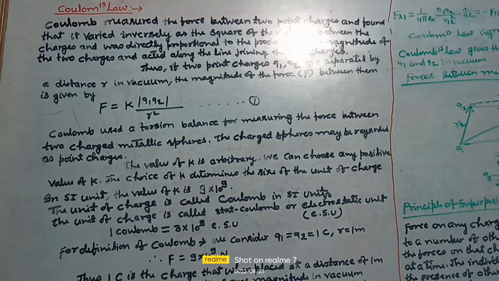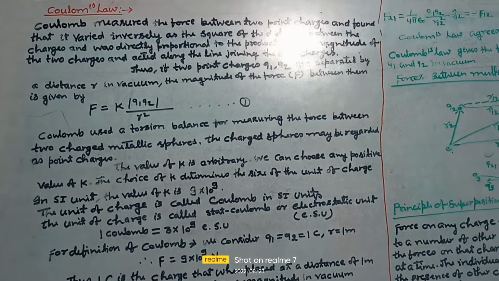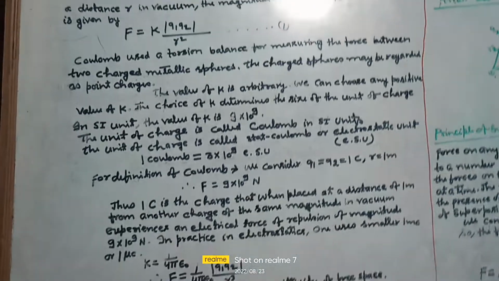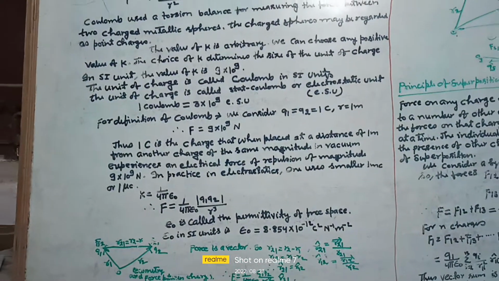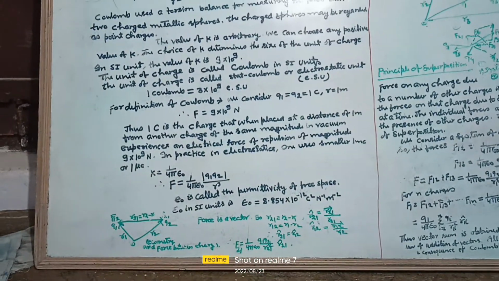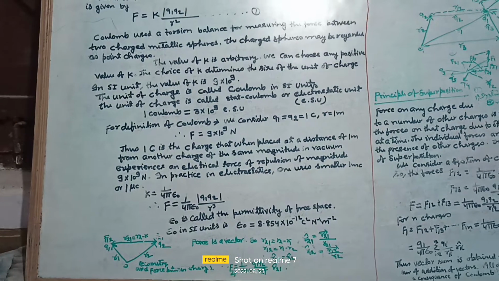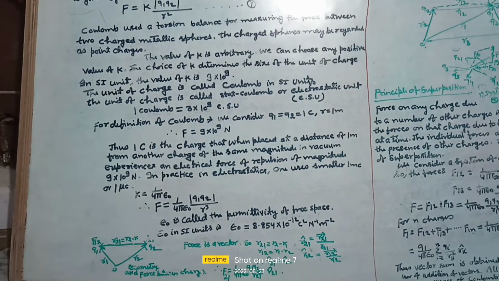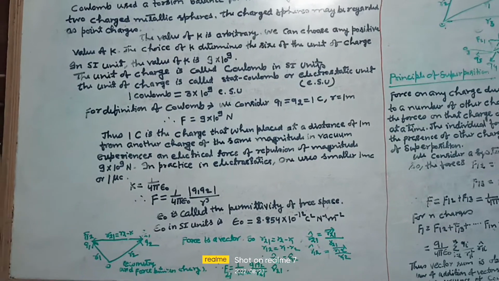For the definition of the coulomb, we consider Q1 = Q2 = 1 coulomb, r = 1 meter. So F = 9 × 10^9 newton.